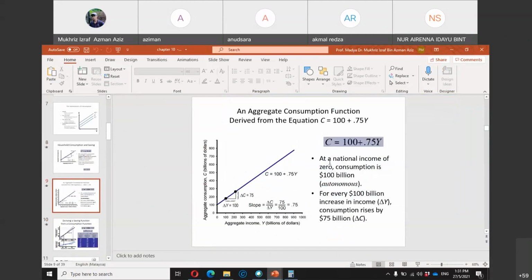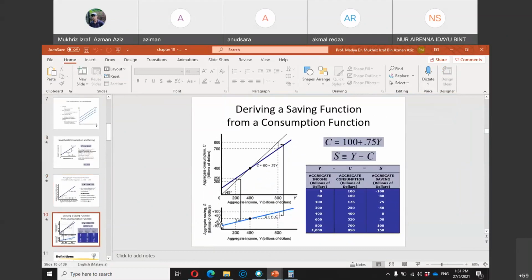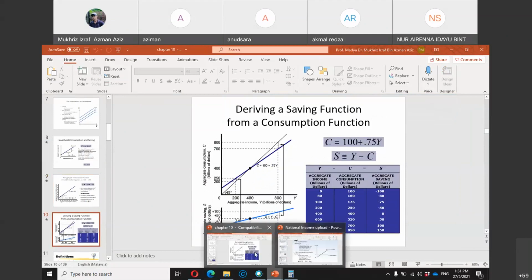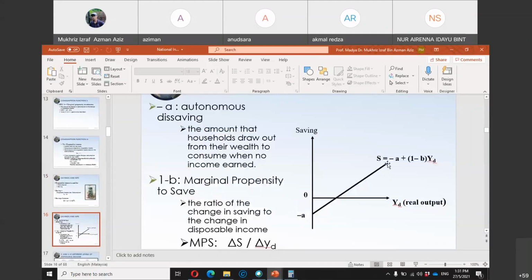If A is 100, then saving will be negative 100, meaning saving will be negative A, as you see here. We are just using the negative sign from the autonomous consumption.